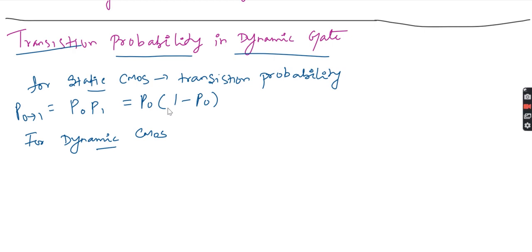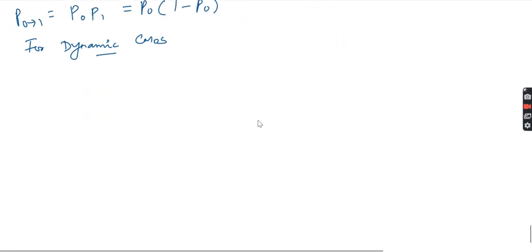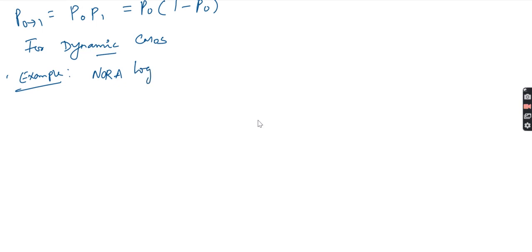If I say dynamic CMOS or dynamic gates, the situation will be different here, so we can take an example circuit of dynamic CMOS. Already you might have studied it in CMOS VLSI: the example is the NORA logic circuit.